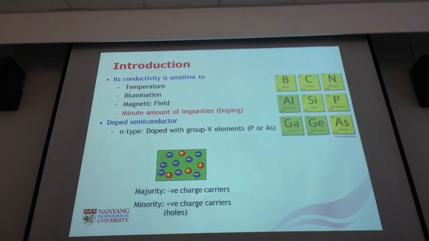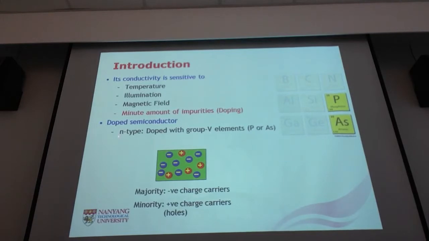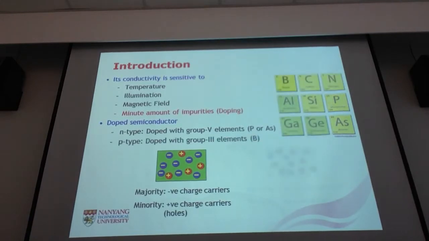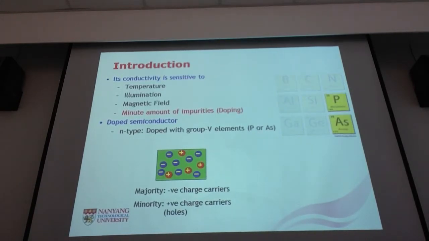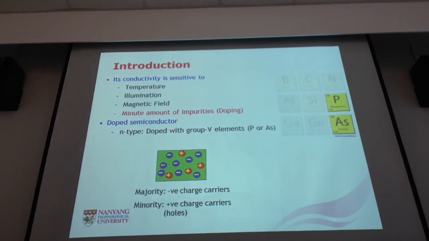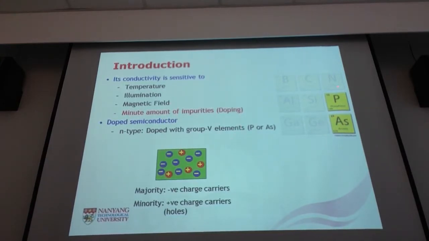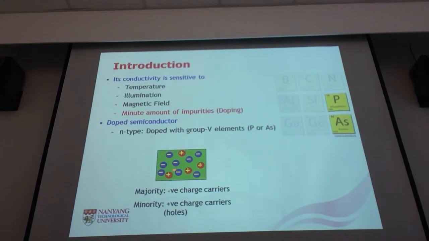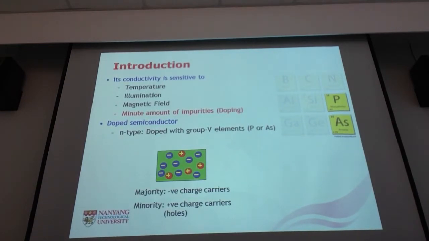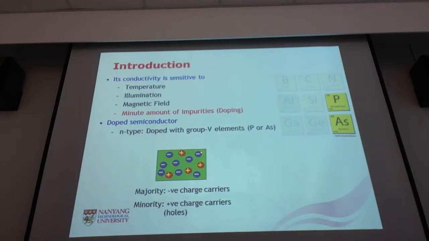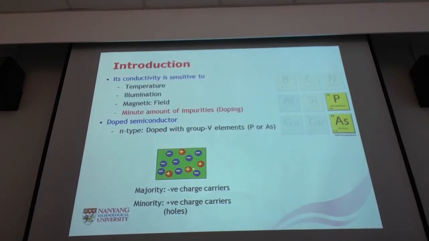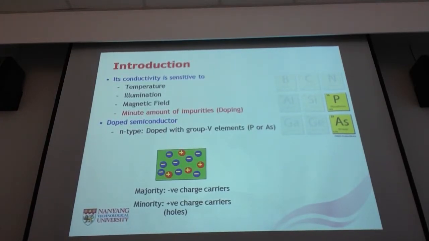For doped semiconductors, we have N-type doped and P-type doped. The N-type doped semiconductor is doped with group 5 elements, which means once there is a replacement, there will be an extra free electron, which can be used as a carrier.